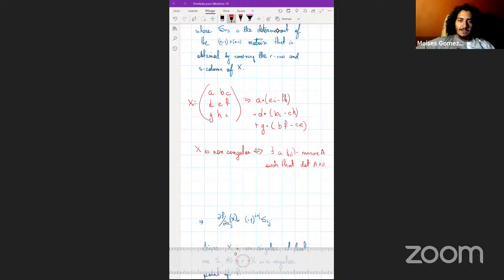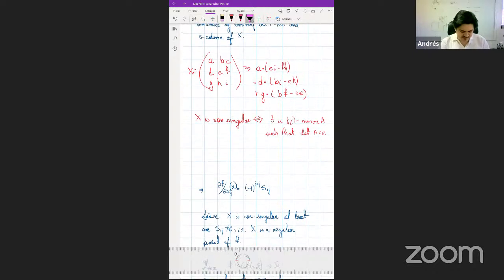There exists at least a principal minor such that it doesn't vanish. At least one. Because if all of the minors vanish, then you cannot have rank n minus 1, let alone rank n. Okay? So that's what I'm saying on this step here.